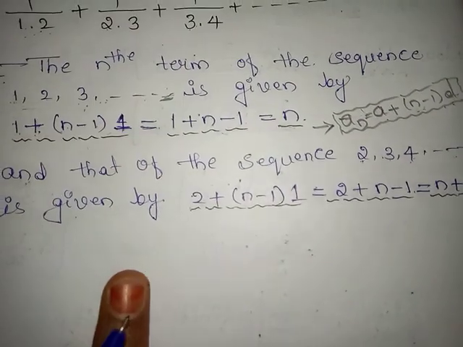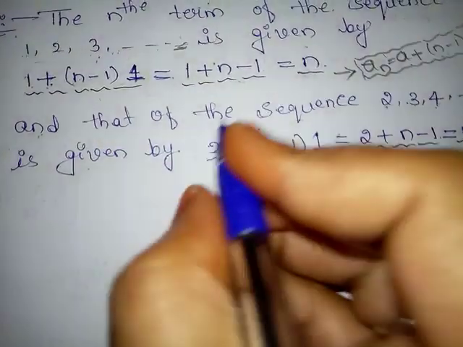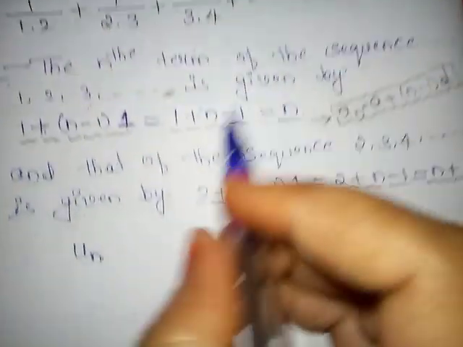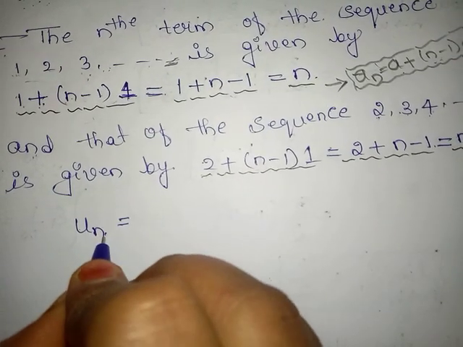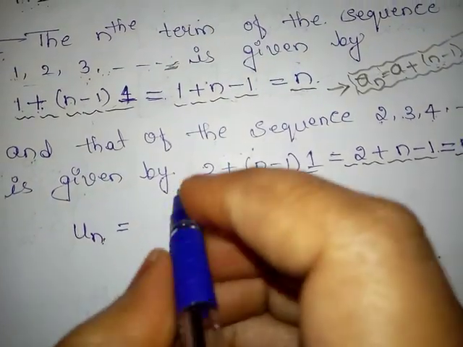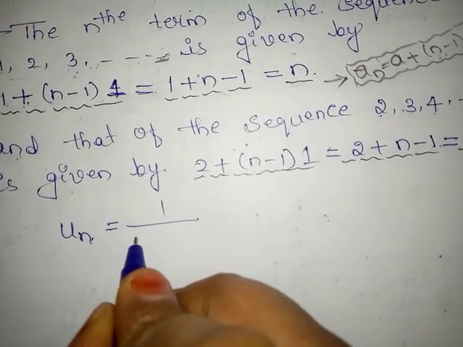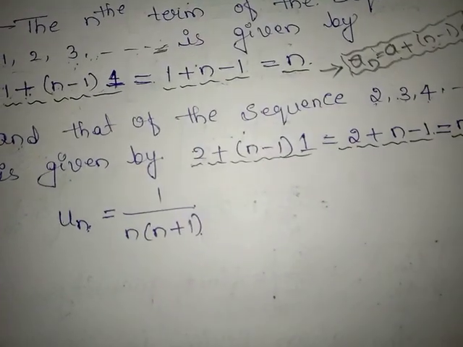Here I am writing nth term, not sum to n terms, so I am denoting the nth term of this series as un. u is a term, we are writing nth term, so it is un. un is equal to 1 divided by n into n plus 1.